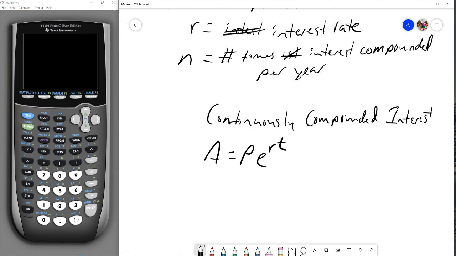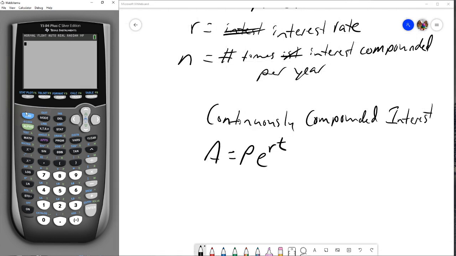And what was Euler's number? In case you forgot, we hit second and then the division sign. e is approximately 2.71828, and so on. It is a transcendental number like pi, which means it has an infinite number of decimals that cannot be expressed as a fraction.